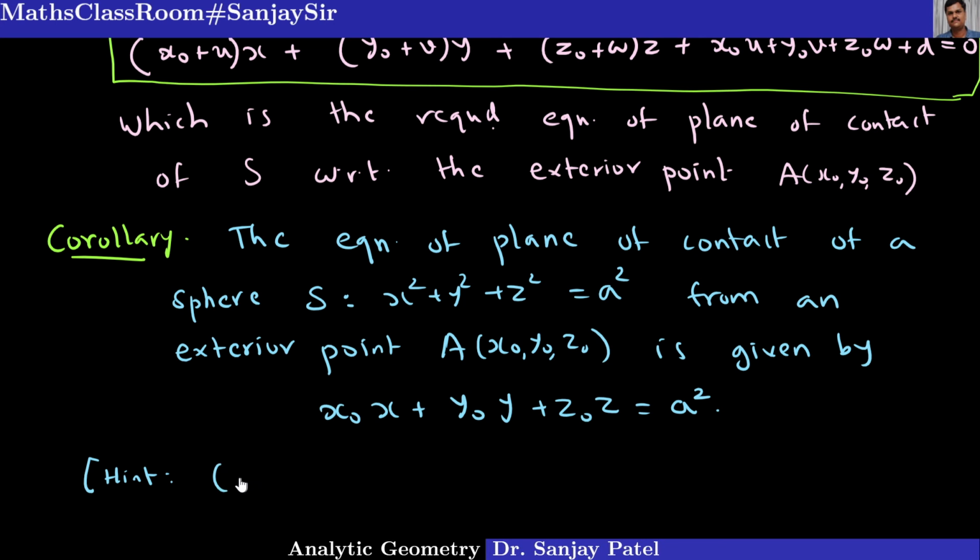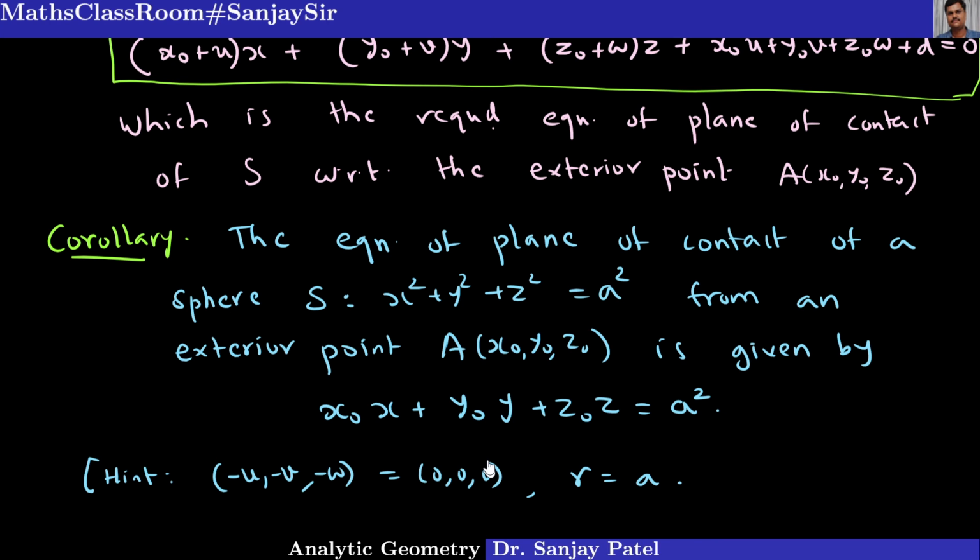We have the center in this case minus u, minus v, minus w is equal to 0, 0, 0, and the radius r is equal to a. So just substitute u, v, w equal to 0, 0, 0. So all this will go and you will be left with this d. But what is d? D is the constant term.